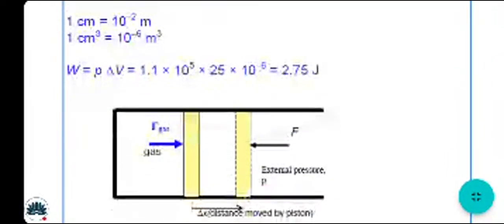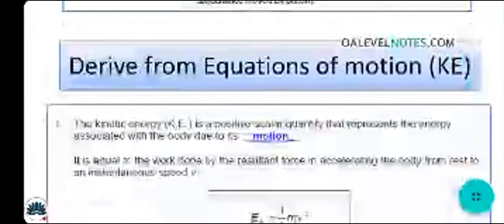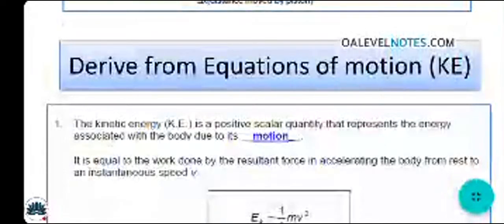As you can see in this diagram, which I showed you at the beginning of the chapter. Now, derive from the equations of motion the kinetic energy. We are going to focus on the kinetic energy. In this chapter of work done and energy, we are going to focus on some energies, and kinetic energy is one of them.